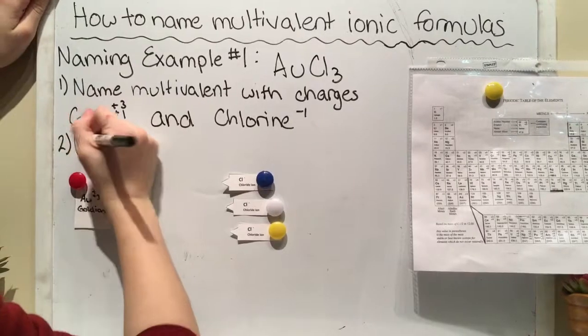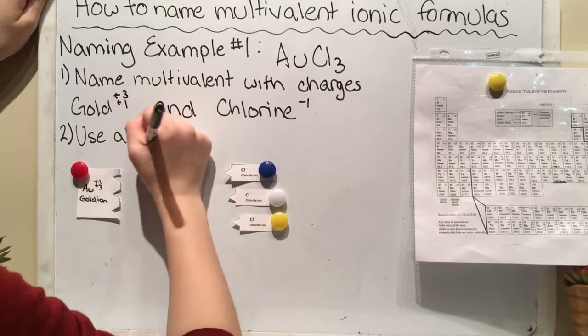Now we use the algebraic sum method to determine the charge of the metal.